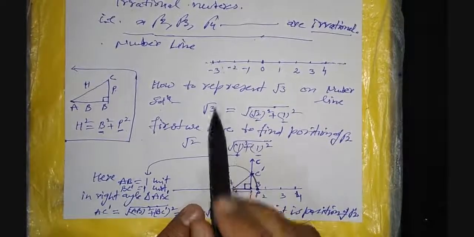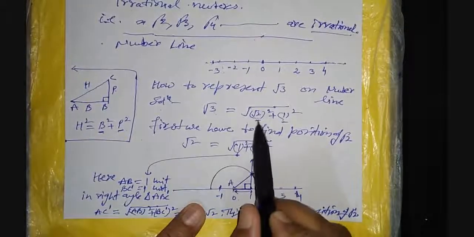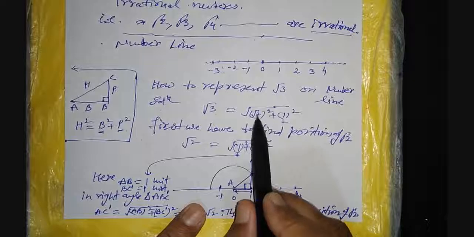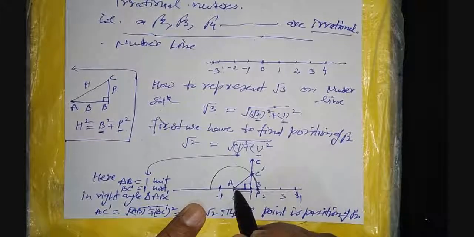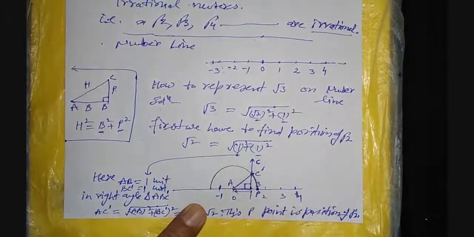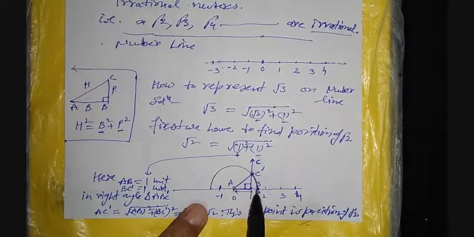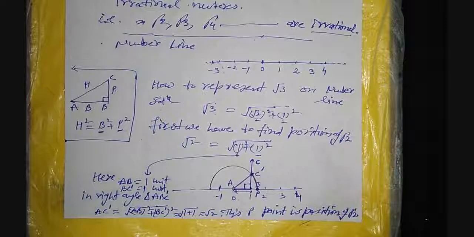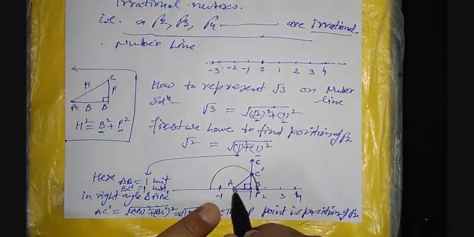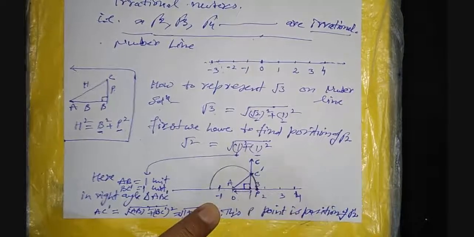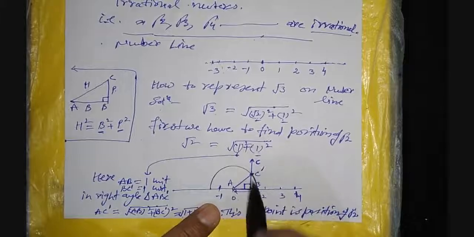Now for the representation of root 3, we should take root 2 as base, and our base would be AC dash, or in another way we can take base as AP, but that would be another method. First we will take AC dash as base, that is root 2.